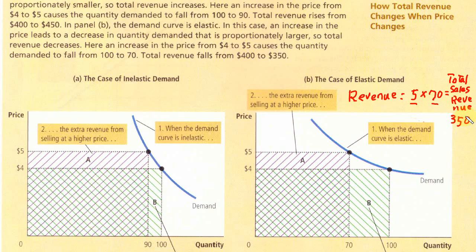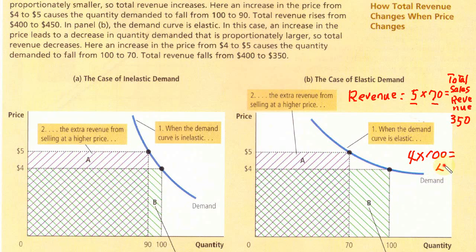And then let's compare this one to the prior status, not the increased status. The price was not increased, $4. Once the price was not increased, the corresponding quantity was 100.